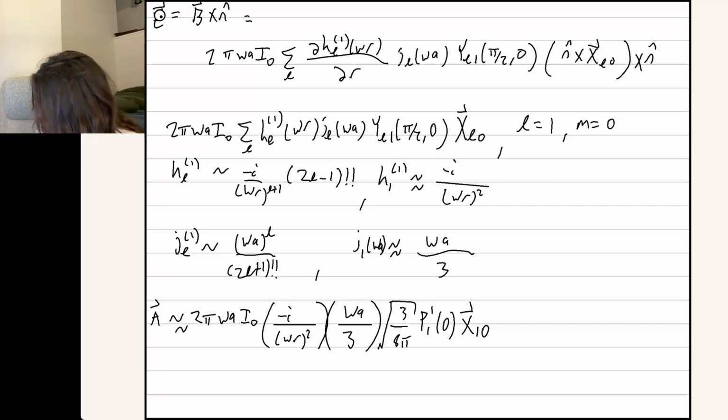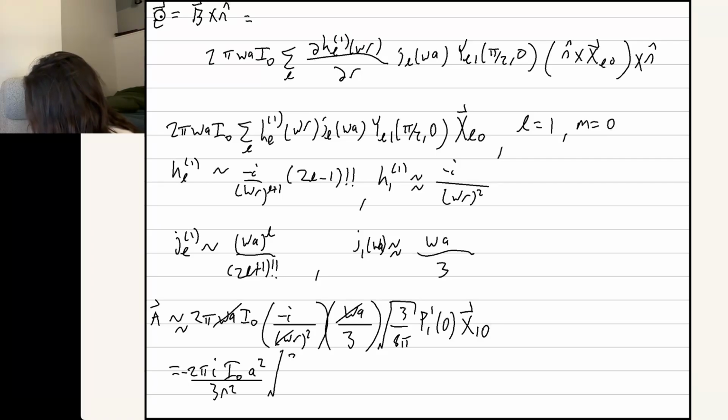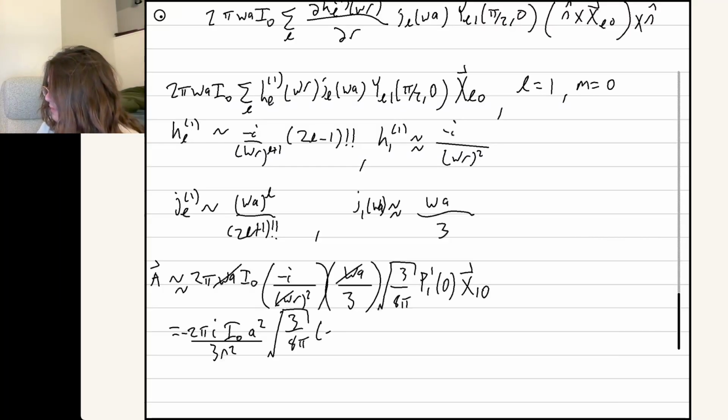So I'm going to go ahead and cancel stuff out. There will be no factors of ω after we're done. And we'll leave it like that for now. Minus 2π i I₀ a² all over 3r², square root of 3 over 8π. P₁₁(0) is just minus 1.